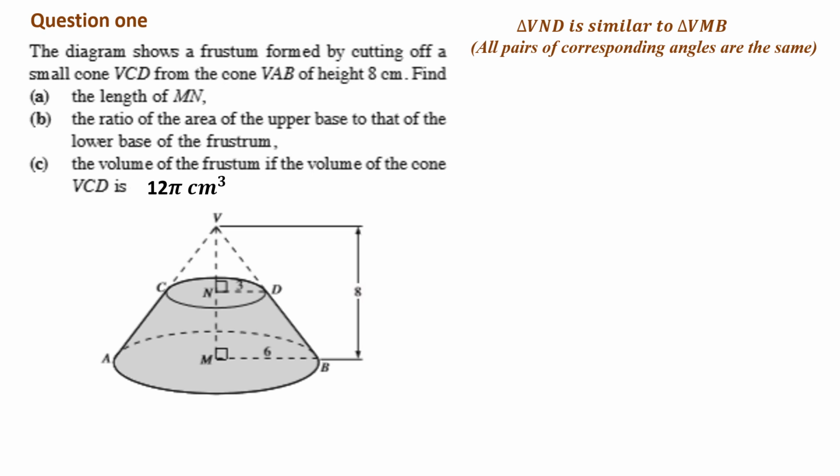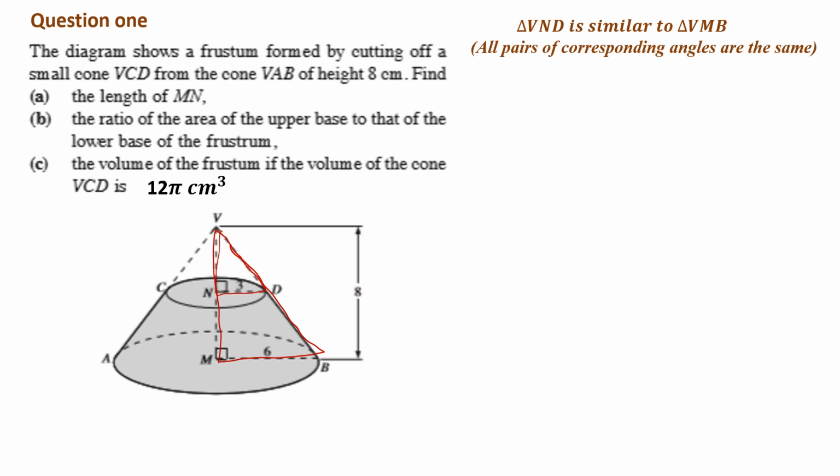For part A, you are asked to find the length of MN. We'll be using the concepts of similar figures. So how do we use it? From the diagram, we can see that triangle VND is similar to triangle VMB. This small triangle is similar to the big triangle because all pairs of corresponding angles are the same.